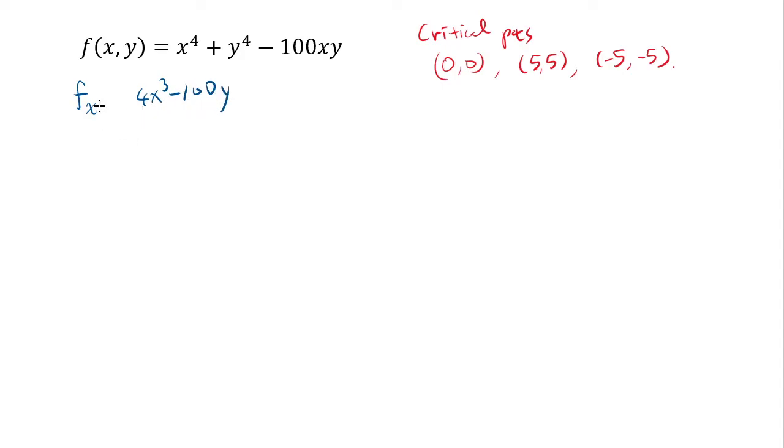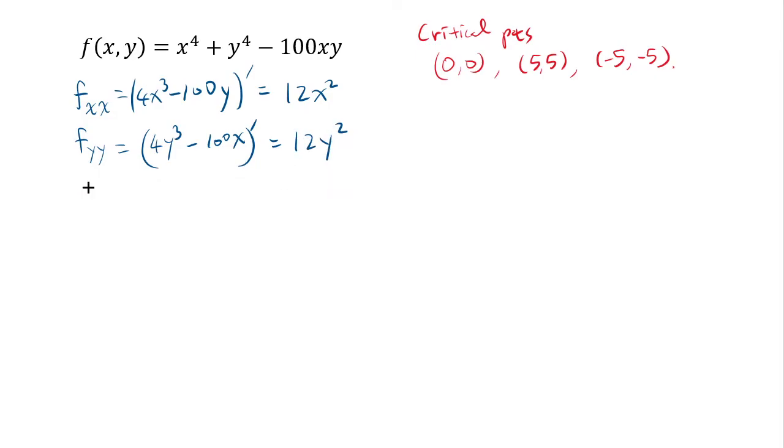So if I want fxx, then I should differentiate this by x, where I treat y as a constant, so it will be 12x squared. Fyy is 4y cubed minus 100x differentiated by y this time, so it's going to be 12y squared. On the other hand, if you do fxy, that means you're taking this and differentiating it by y, so 4x cubed is considered a constant, and if you differentiate negative 100y, you just get negative 100.